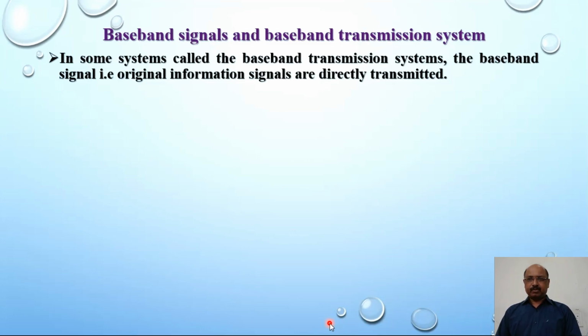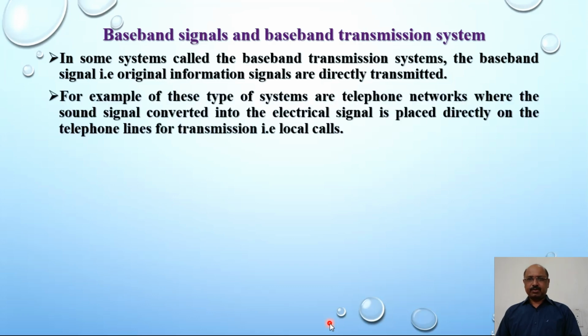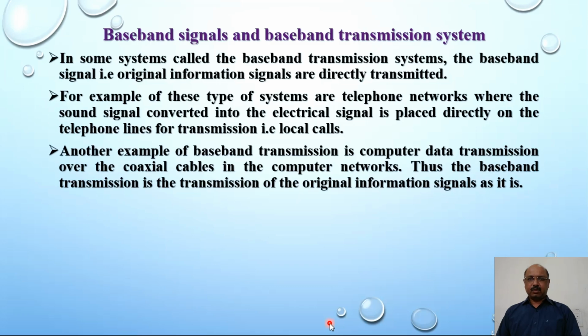An example of this type of system is the telephone network, where the sound signal converted into an electrical signal is placed directly on the telephone lines for transmission, which is called a local call. Another example of baseband transmission is computer data transmission over coaxial cable in a computer network.